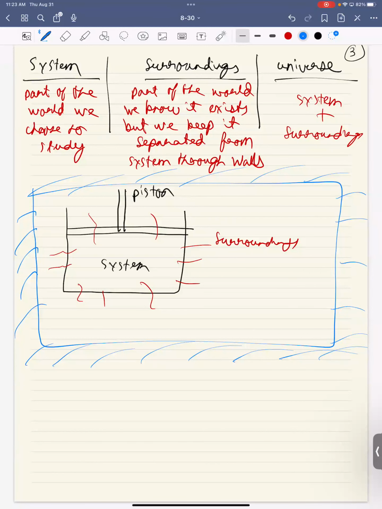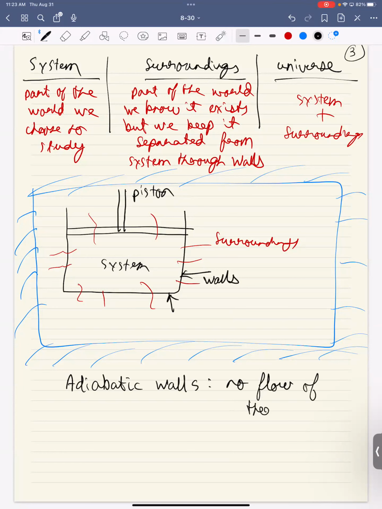So these things are our walls. There can be many types of walls. There are two types of walls we will be talking about quite a lot. One is called an adiabatic wall: no flow of thermal energy.